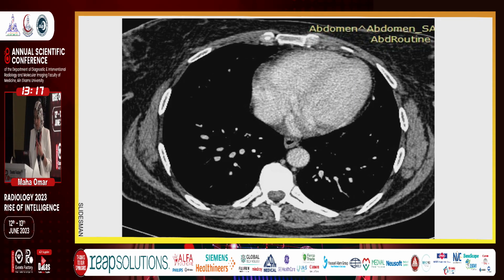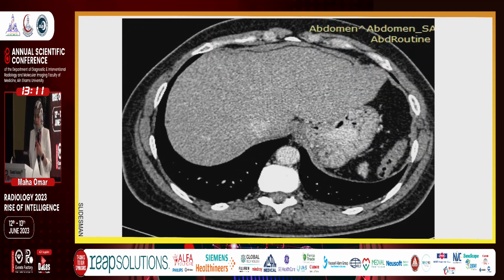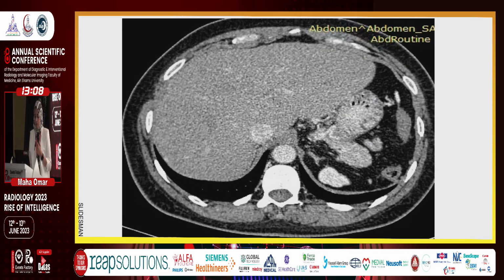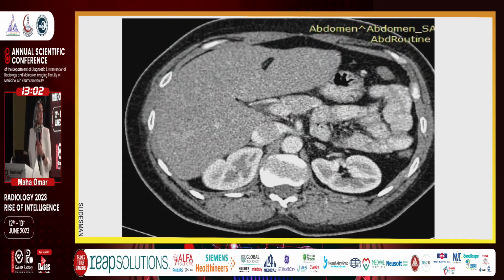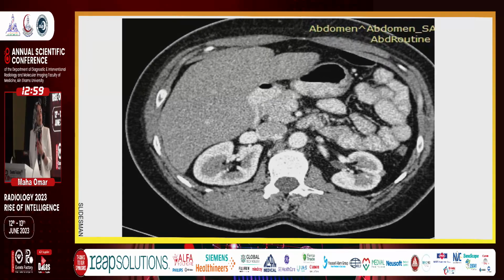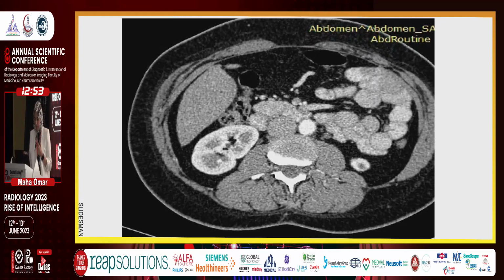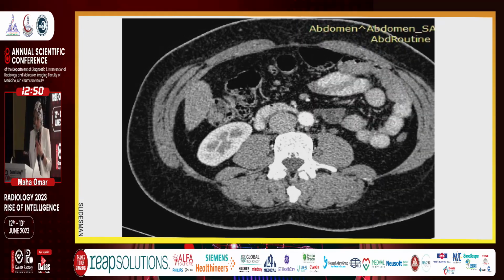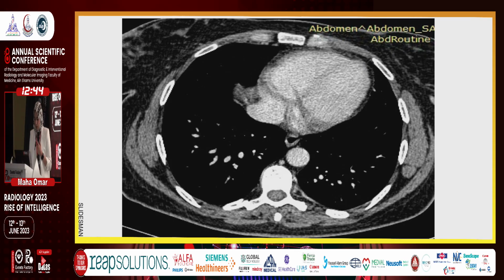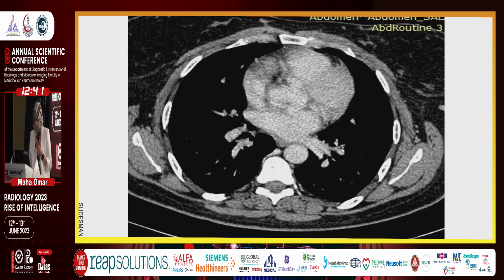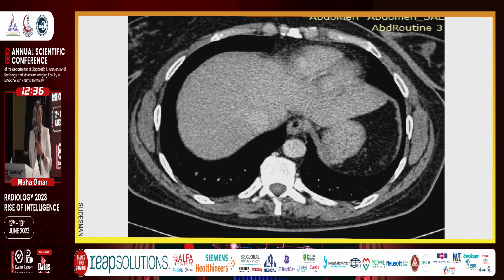The portovenous phase. The venous phase.